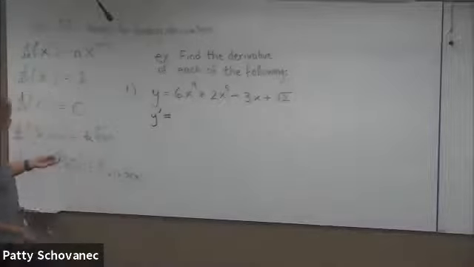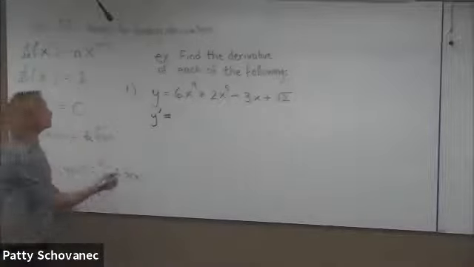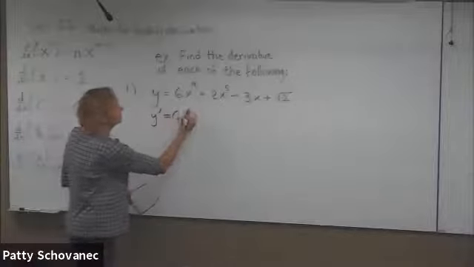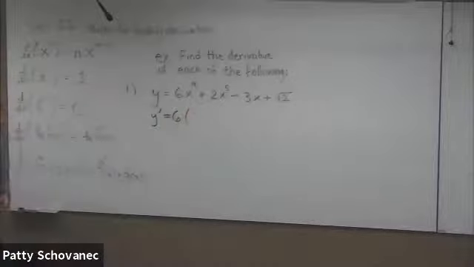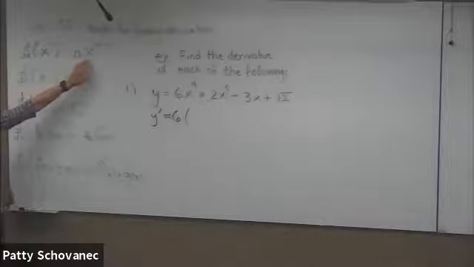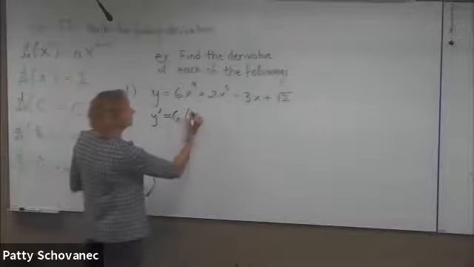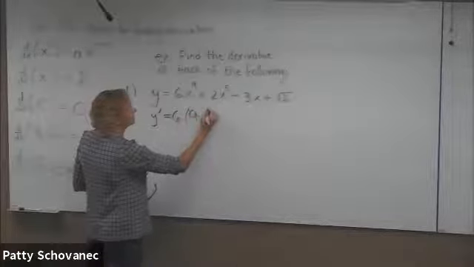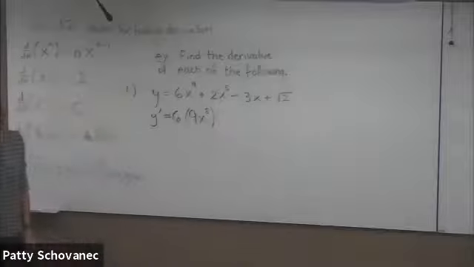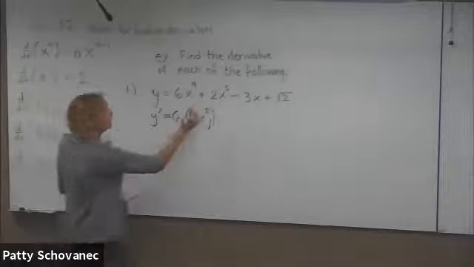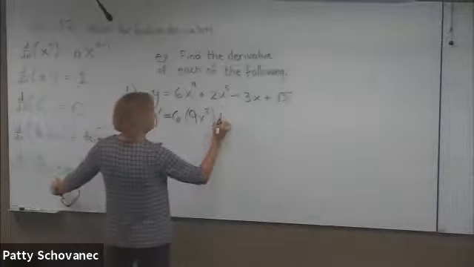So let's see, using this rule, I'm just going to hang on to the 6 for a minute. And now I'm going to take the derivative of x to the 9. And this says bring the power down, raise it to 1 power less. So we have a 9 times x to the 8. Same thing with the next one, you got the plus sign, I can go through plus signs.